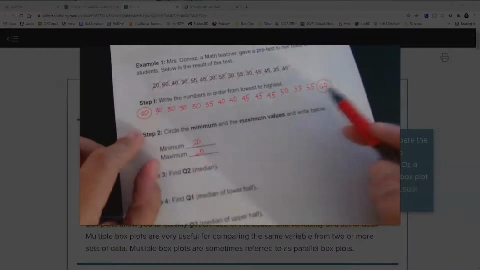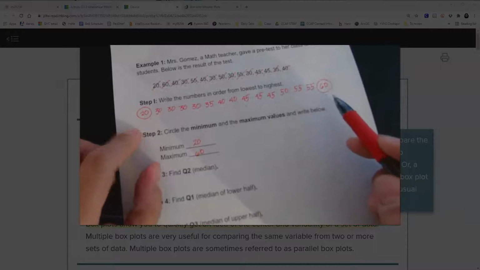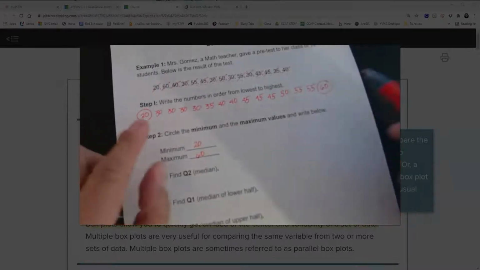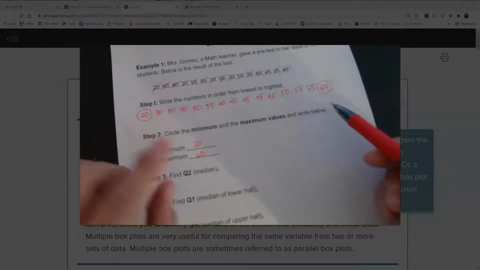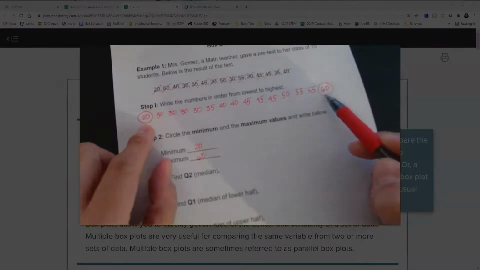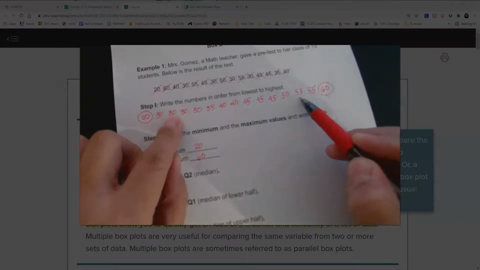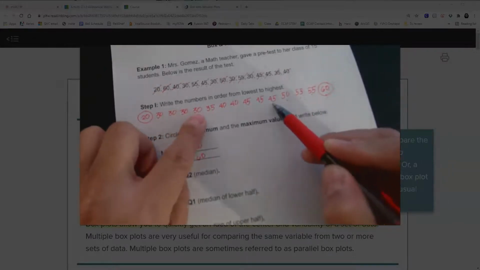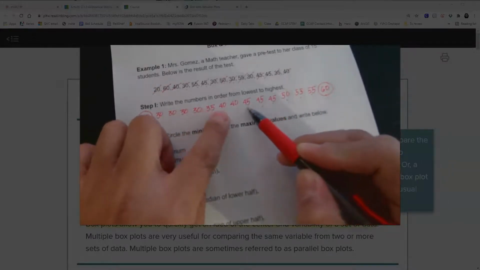Okay, now let's look for the second quartile or the median. So there are 15 numbers. And so the middle number in a set of 15 numbers is the 8th number. And normally what I do is I just go one step back or forward with my finger. So I just go 1, 2, 3, 4, 5, 6.